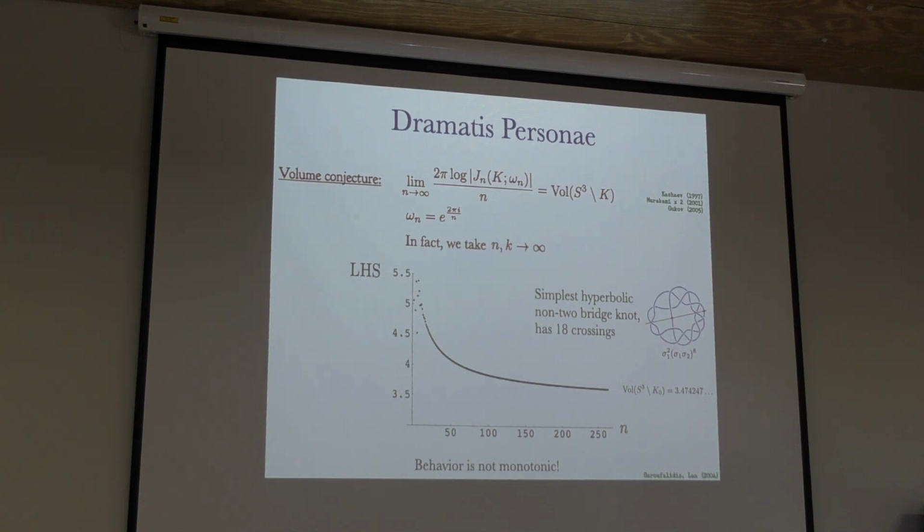I mean, you take a tubular neighborhood of size epsilon and take epsilon goes to 0, and you get some finite answer. I see. Why does epsilon going to 0 not make the volume go to 0? The complement then has some metric. You just compute the volume of the complement in that metric. Oh, I see. So the volume of the complement in the hyperbolic metric. Yes. I see. And why do you have to take k to infinity? I'll get to that.